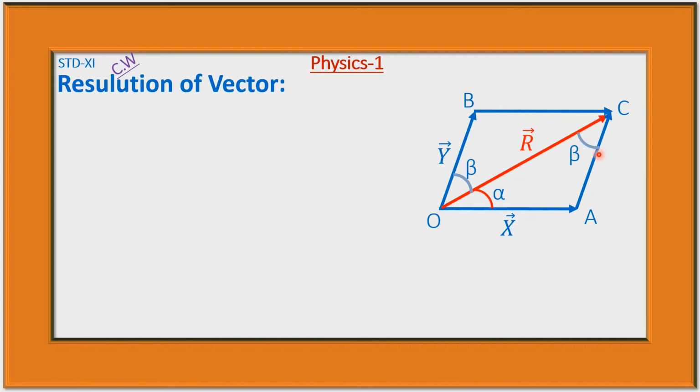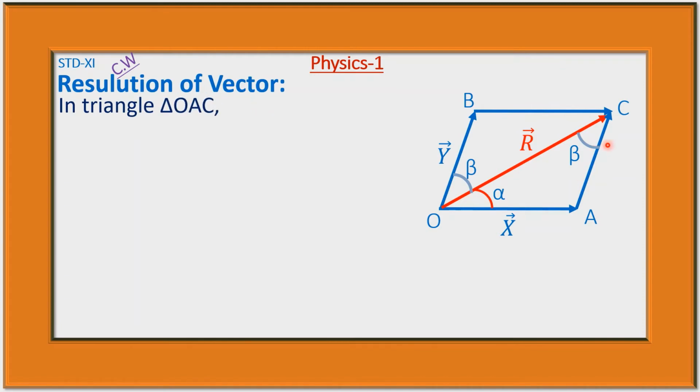And also, you know, the sum of three angles of a triangle is 180 degrees. So the sum of alpha, beta and this angle is 180 degrees. If this is alpha and this is beta, then this angle will be 180 degrees minus (alpha plus beta).